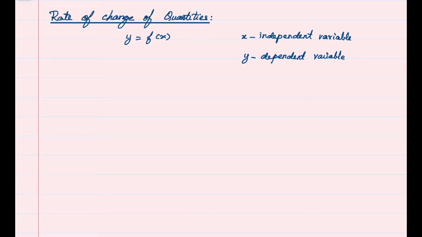Let us consider that x changes from x to x plus h, where h is a very small increment. Therefore, y also changes accordingly. The amount of change in y is given as f of x plus h minus f of x, where h is a very small positive quantity.